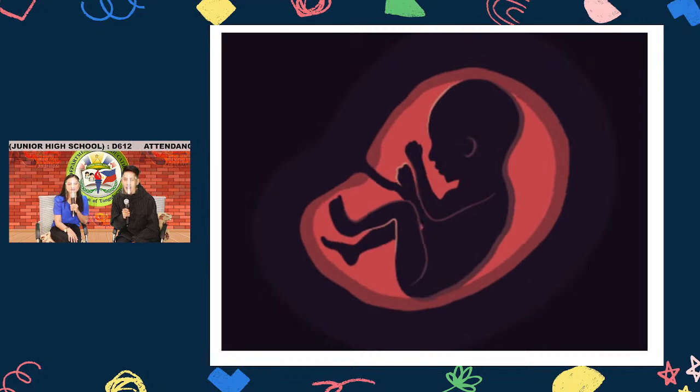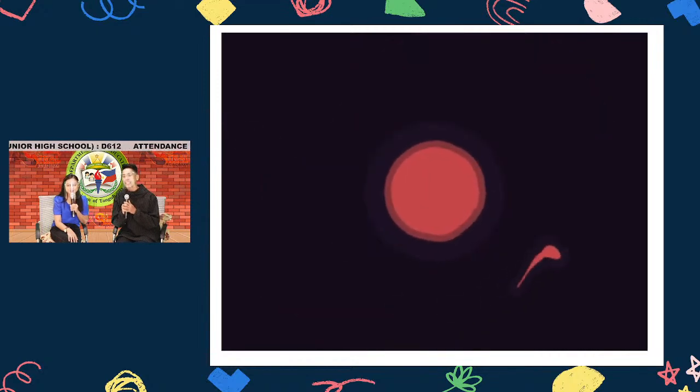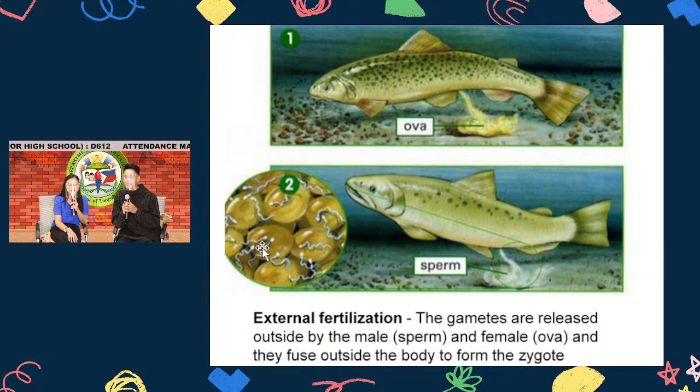In external fertilization, the gametes are released outside by the male, the sperm, and the female, the ova, and they fuse outside the body to form the zygote. We have a key term there, external, meaning outside. It is characterized by the release of both sperm and egg into the external environment.